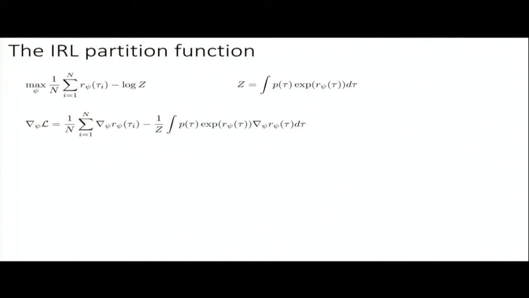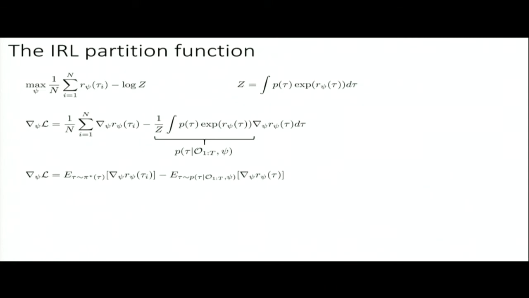And now something interesting that you can observe about this equation is that for this second part, the 1 over z times the integral p tau times grad r tau, this is just the probability of that trajectory under your model. So the second term is just an expectation of the gradient of the reward under your current model. And that means that you can equivalently rewrite the gradient like this. It's just the difference of two expectations.